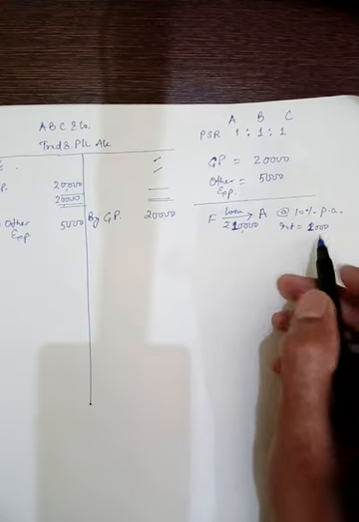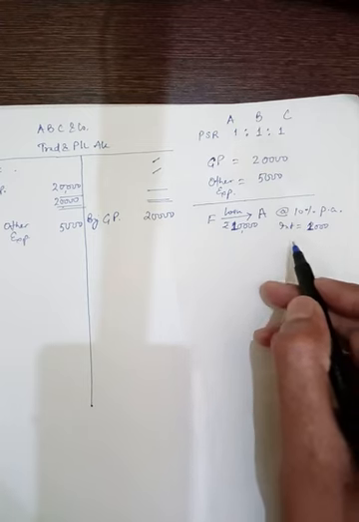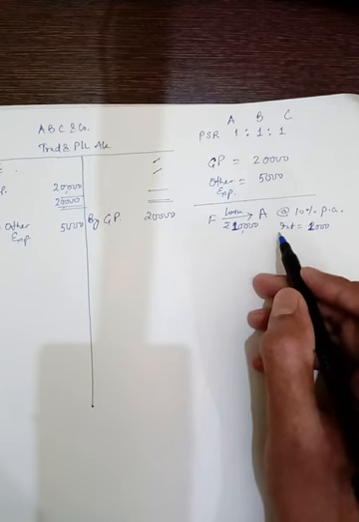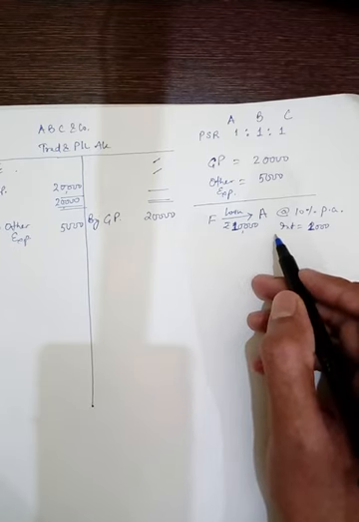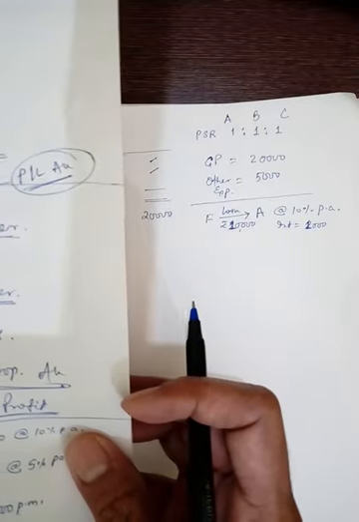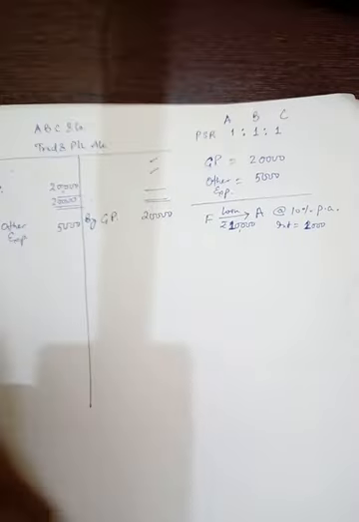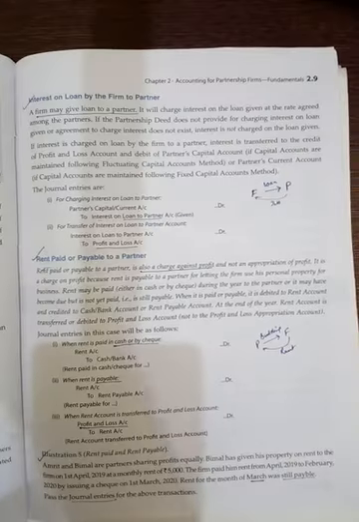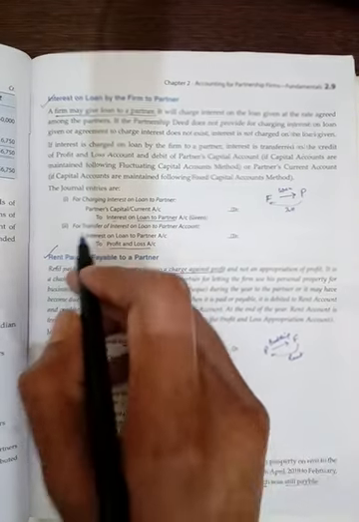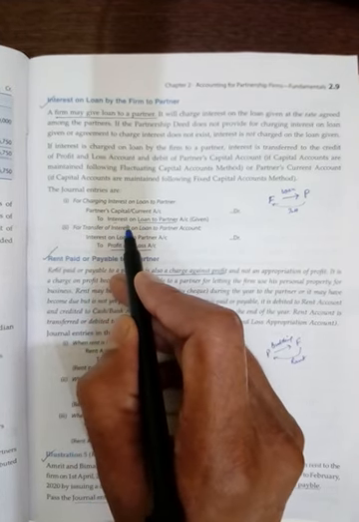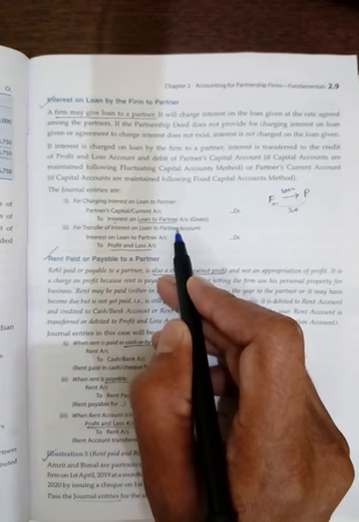The journal entry for this interest on loan to A: since this is an income, therefore, this is the journal entry. Partner's capital account debit to interest on loan to partner.